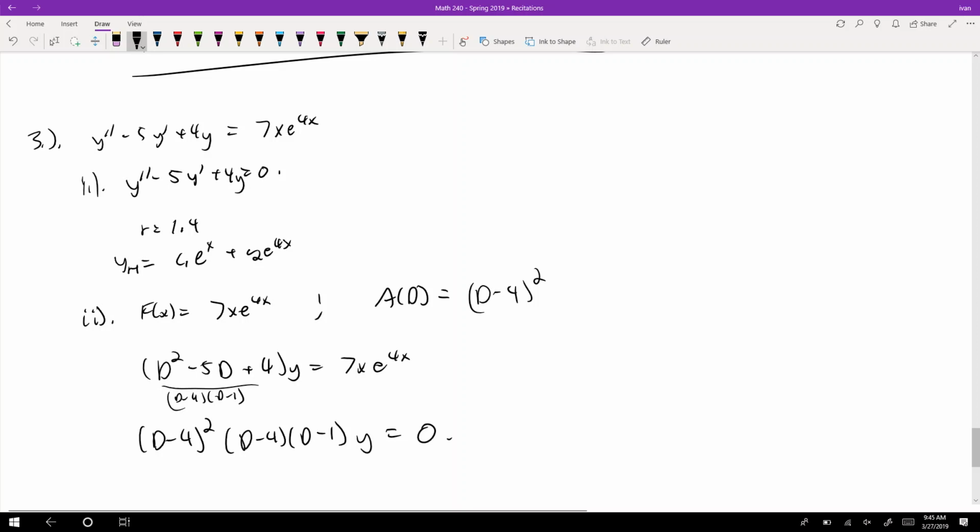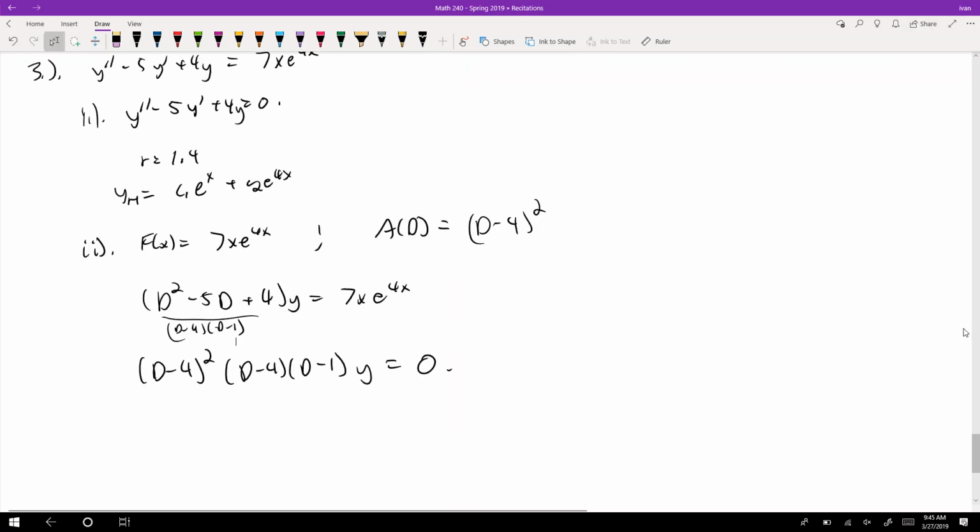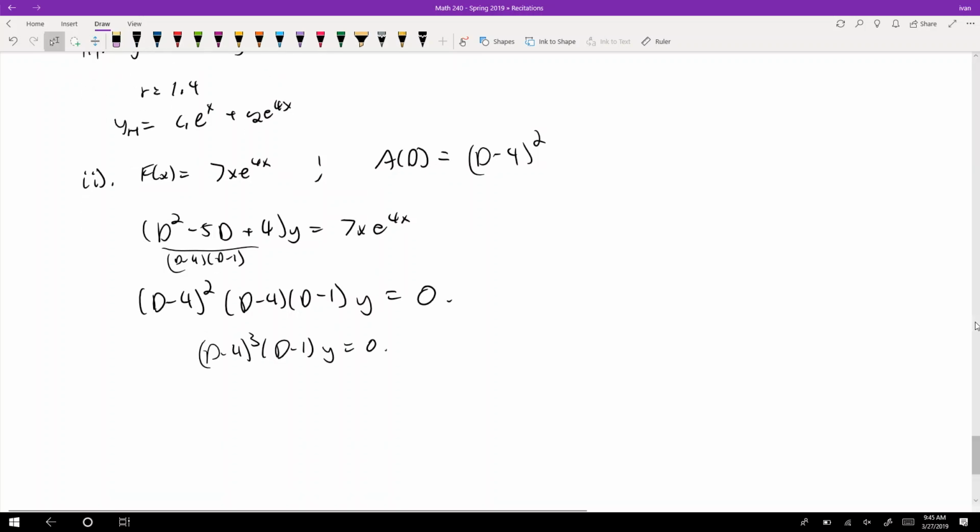Okay, but what do I get now? That's d minus 4 cubed, right? Okay, so what are the roots of this equation? 4 and 1, but how many 4s do we have? Yeah, we have three 4s, right?